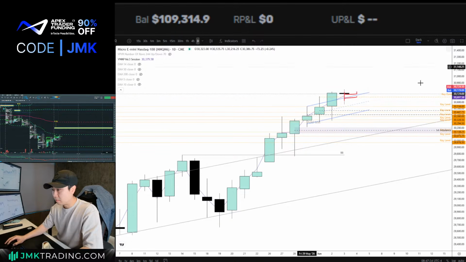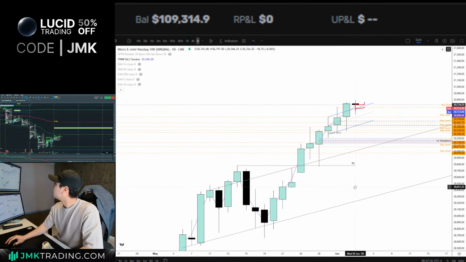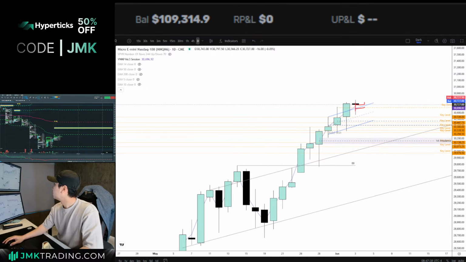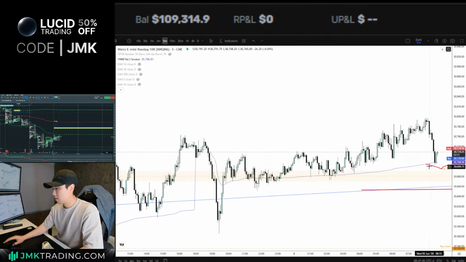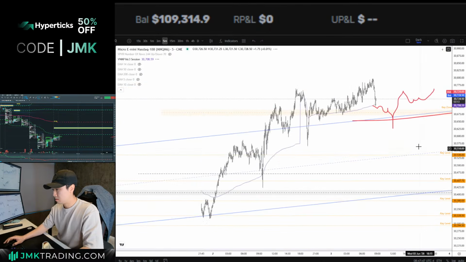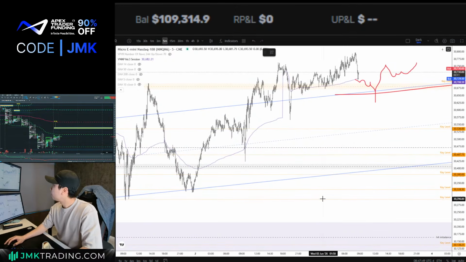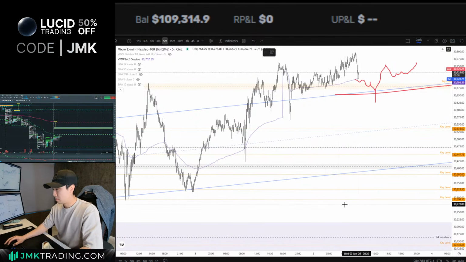It's a little bit different on my TradingView chart. So the 5-day moving average is actually, let me go back. It's pretty much right at the line here, the bottom of the channel.